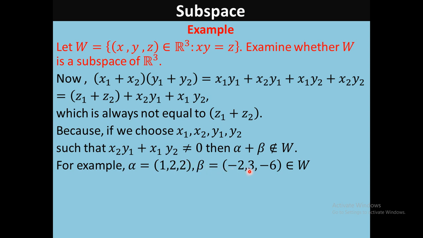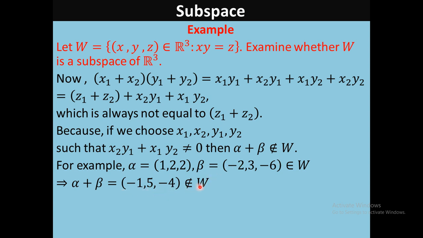So both are in W, but alpha plus beta equals 1 plus minus 2, that means minus 1, then 2 plus 3, second component plus second component is 5, and last component plus last component, that is 2 plus minus 6, equals minus 4.